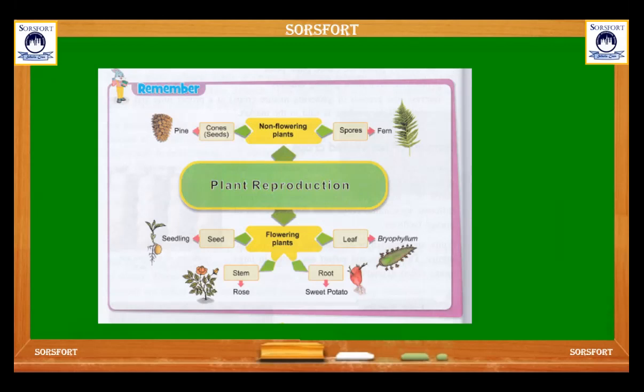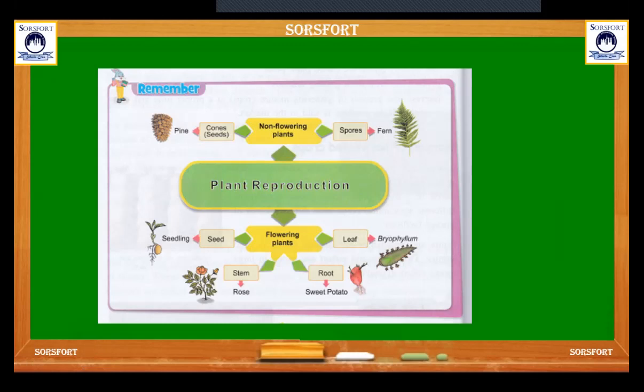Then come to plant reproduction. Two types of plants, flowering and non-flowering plants. In flowering plants, what do they produce? Seed, stem, roots and leaf. From seed, a seedling.